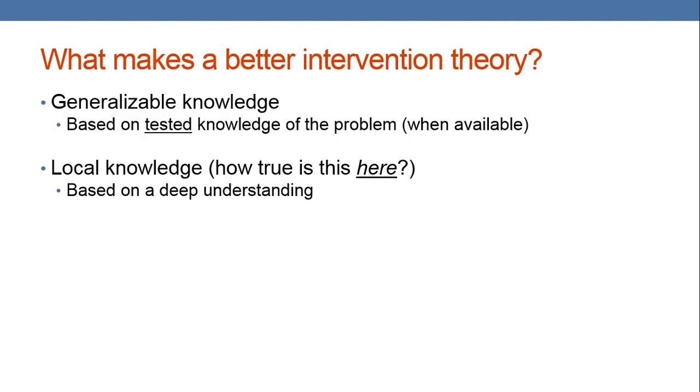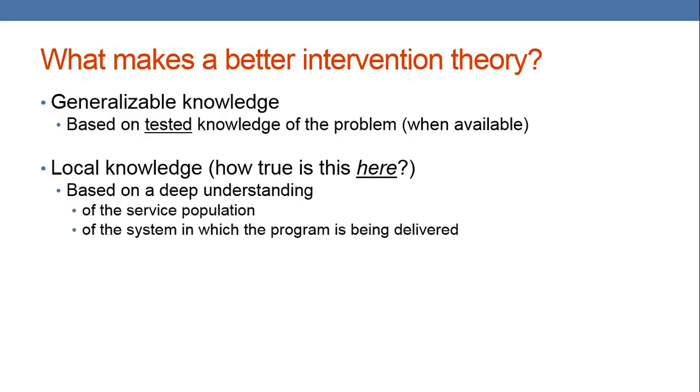It's based on a deep understanding of the problem, and a deep understanding of the service population and the system that the program is being delivered under. It seems to me that besides piloting, this local knowledge is especially helpful. Improving local knowledge is an especially strong role for front-end staff, patients, and families to play.